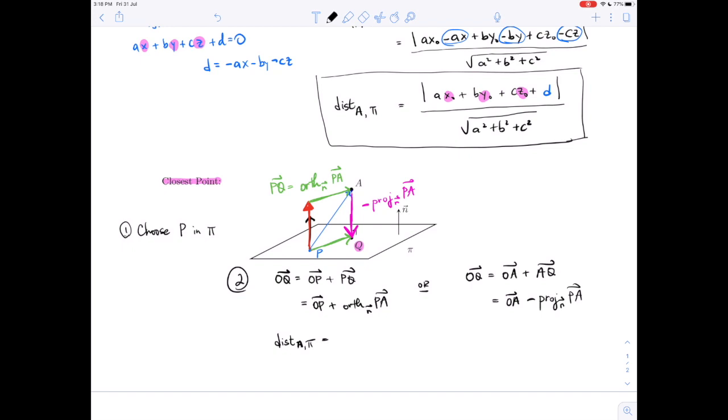Well, it's the norm of that vector QA or AQ, or the norm of the projection, which is exactly where the distance formula came from. But if you have the point Q already from some previous calculation, you can just take the norm of that vector to give you the distance from the point A to the plane.